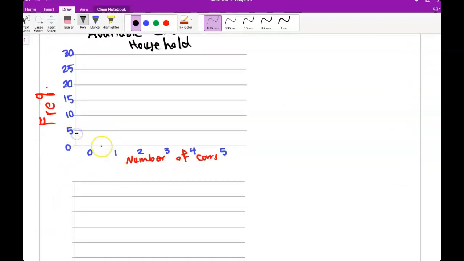So that is 4. I want to keep these numbers in the center of these rectangles. For 1, we had 13.